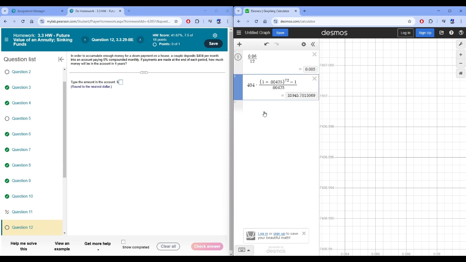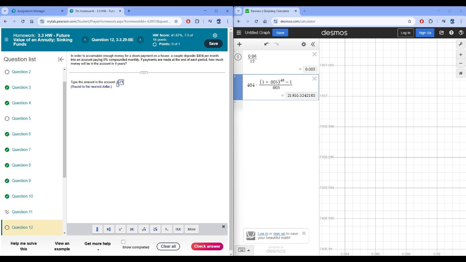That means I is 0.06 divided by 12, and the number of payments is going to be monthly, 12 times 4 is 48. So you should have $21,855, rounded to $56.